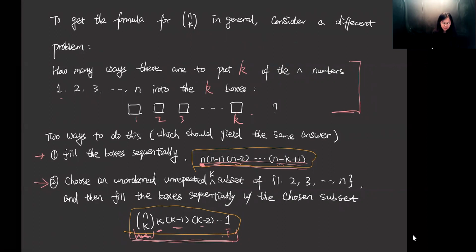And to make some connection with the terms that the book defined, this different problem that we solved, the number of ways to put k of the n numbers into k boxes, solves a permutation problem. Well, n choose k solves a combination problem.